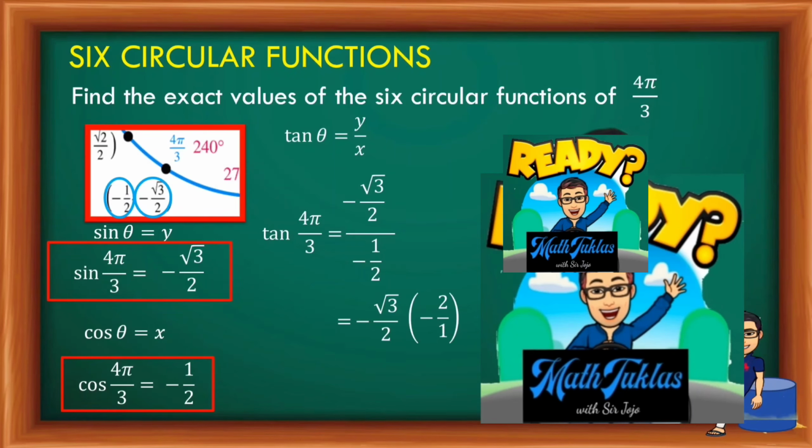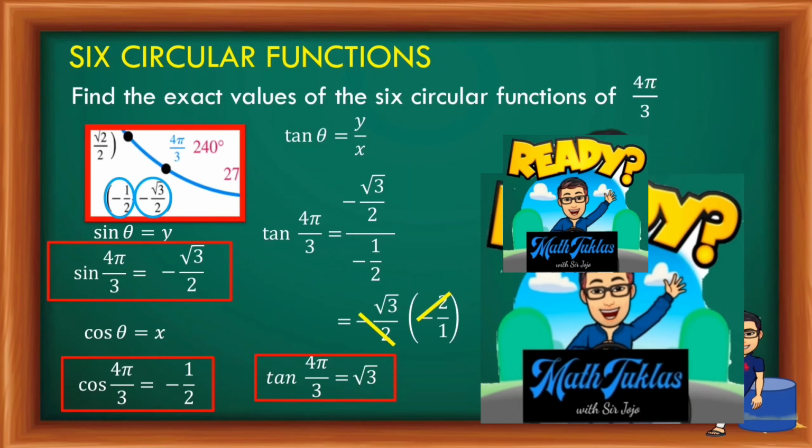Magiging multiplication times the reciprocal of negative 1/2 is negative 2 over 1. So, cancel na natin ang negative 2 na nasa numerator at denominator. Therefore, tangent 4 pi over 3 is equal to square root of 3. Kasi magiging square root of 3 over 1 yun. So, yung over 1, hindi na natin sinasama.